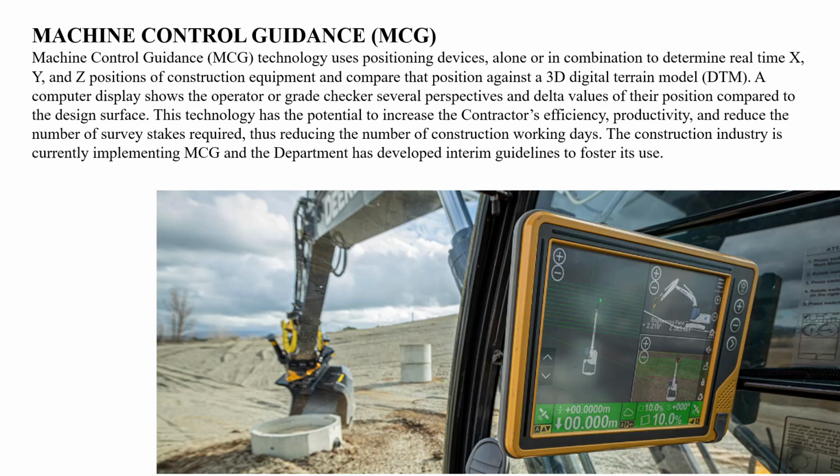A computer display shows the operator grade checker several perspectives and delta values of their position compared to the design surface. This technology has the potential to increase the constructor's efficiency, productivity, and reduce the number of survey stakes required, thus reducing the number of construction working days.